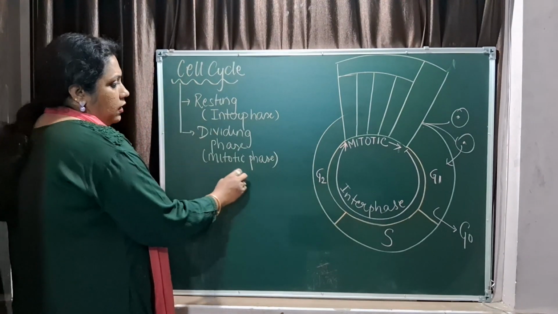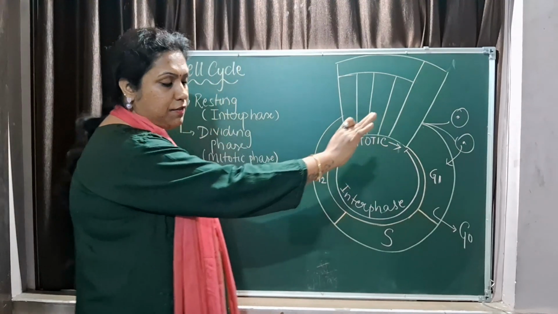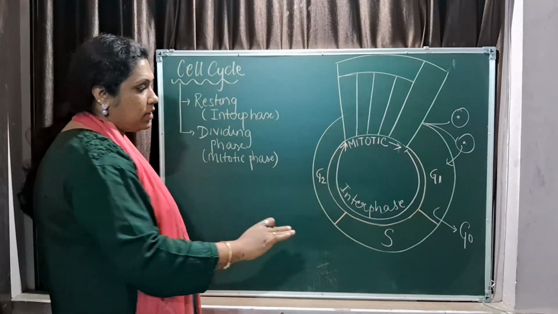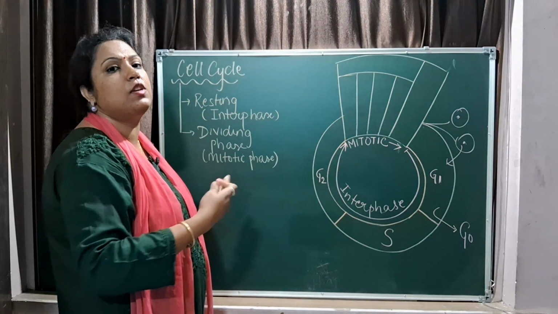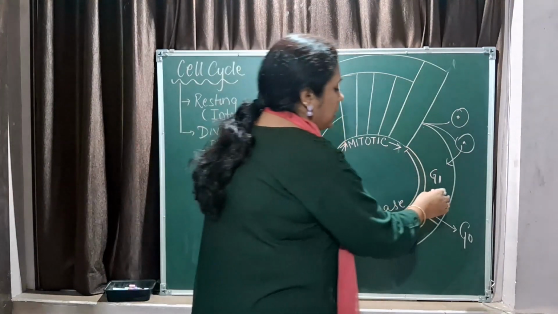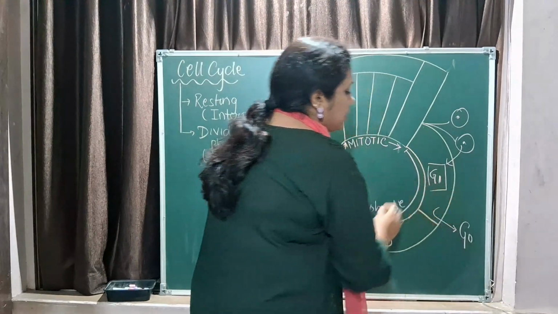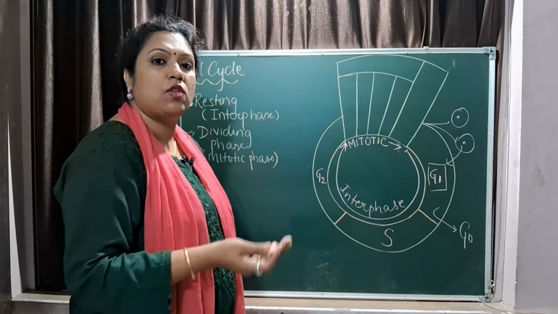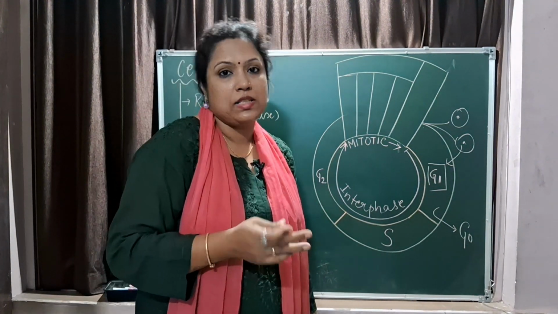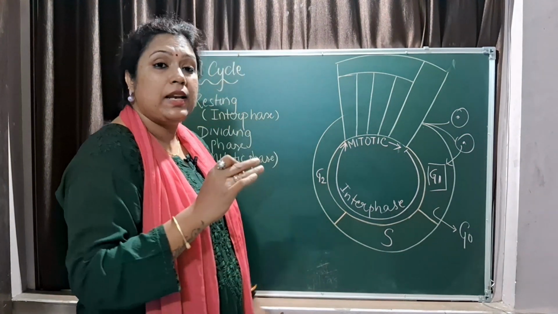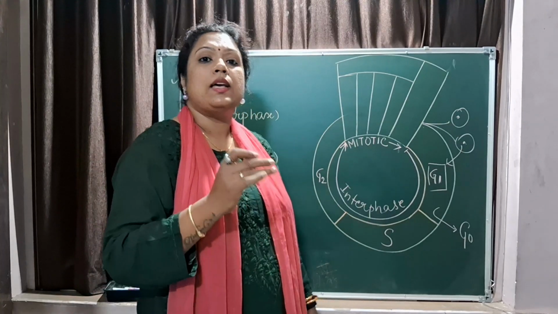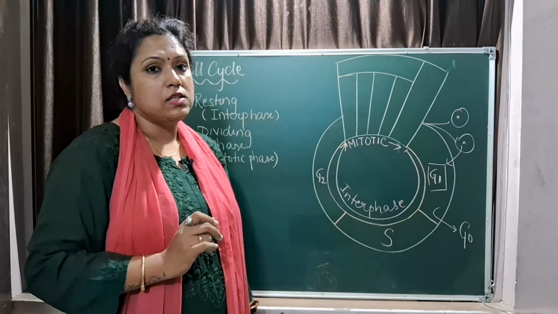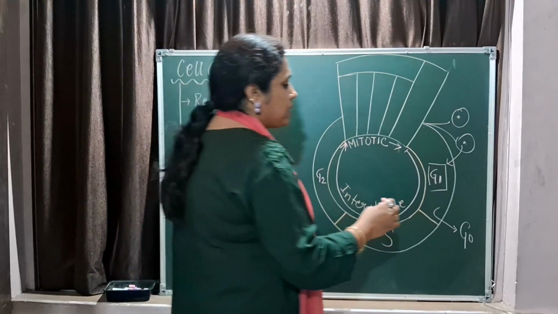The mitotic phase is the dividing phase, the interphase is the resting phase. In the resting phase, the cell prepares itself to divide. So what happens in the G1 phase? In G1 phase, the mitochondria and the chloroplast divide, and necessary proteins and RNA required for the S phase are synthesized. Is that clear?